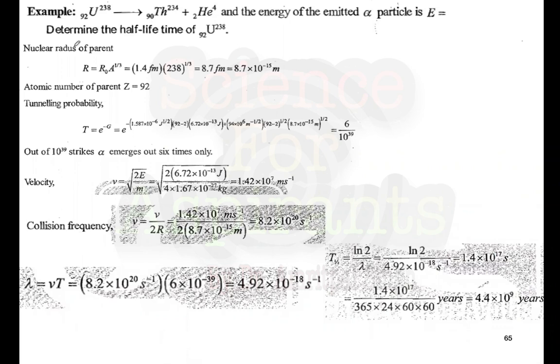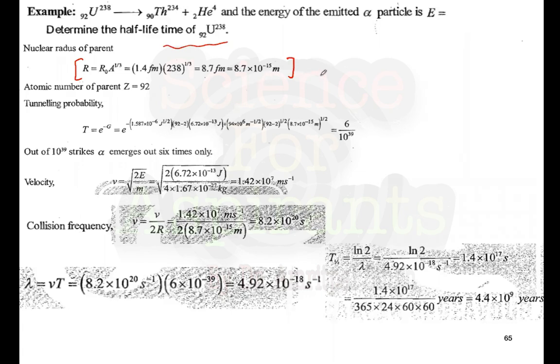So the question is, in this uranium to thorium reaction, the energy of the emitted alpha particle is this much, and determine the half-life period of this uranium which is decaying by alpha particle emission. You can find out the radius of this uranium nucleus from the equation R0 A^(1/3).